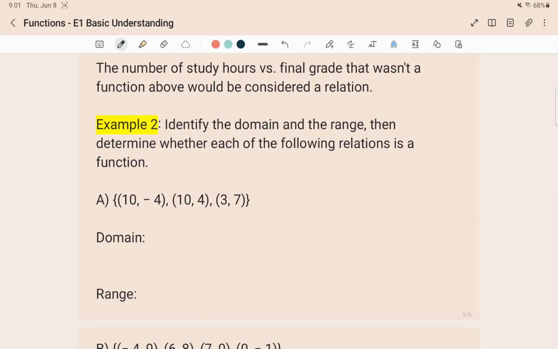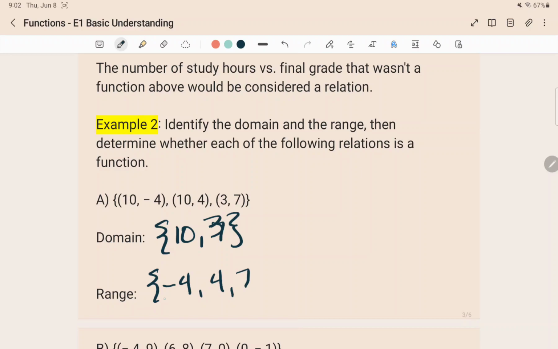Example 2. Identify the domain and the range, then determine whether each of the following relations is a function. Okay, domain equals x values. So for these ordered pairs, I have 10, and 3.